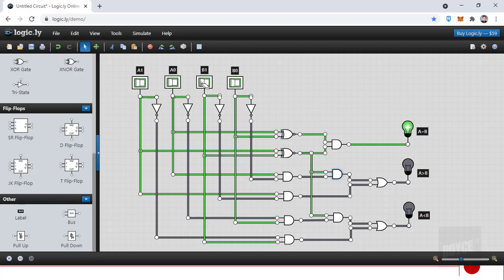Paano kung 1, 1, 0, 1? So, A is greater than B. Paano kung 0, 1, 0, 1? So, equal sila. 0, 1, 1, 1. So, A is less than B. So, we are now sure that yung logic circuit na nagawa natin is correct.